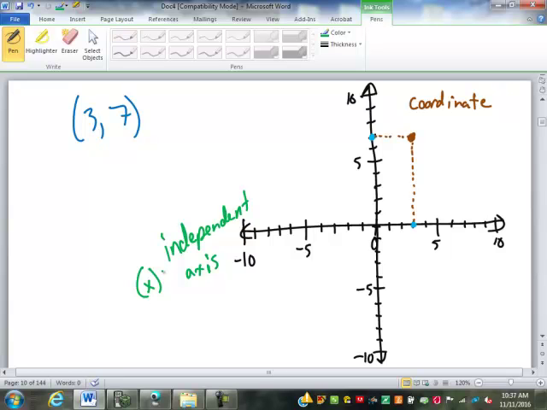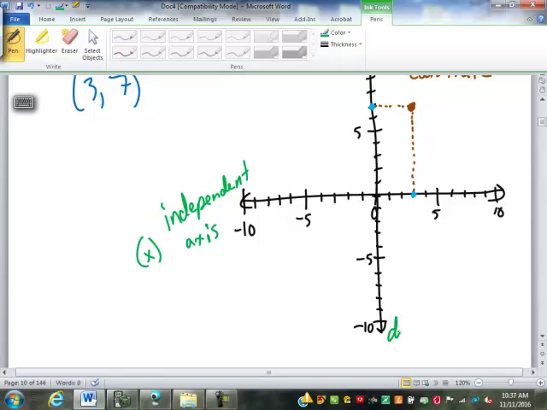Time is almost always represented on that x-axis if we're looking at the passage over time. The vertical one is what's called the dependent axis, or often just referred to as the y-axis because the variable y is often represented on that axis.